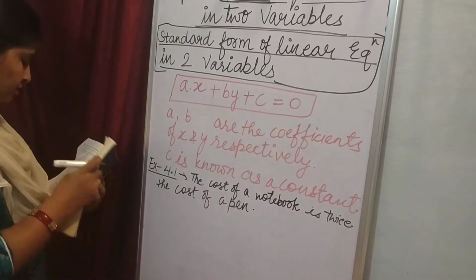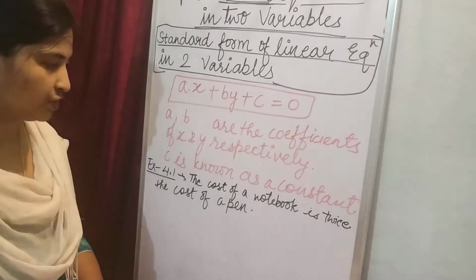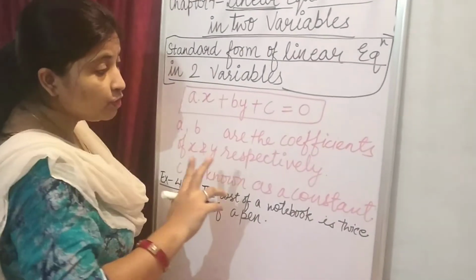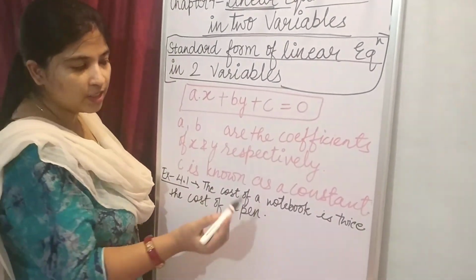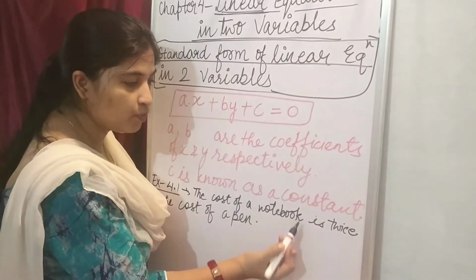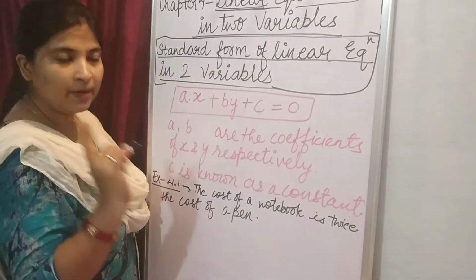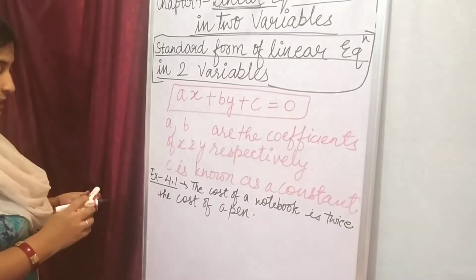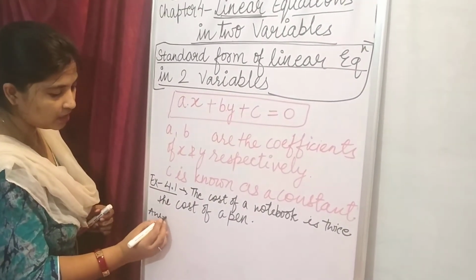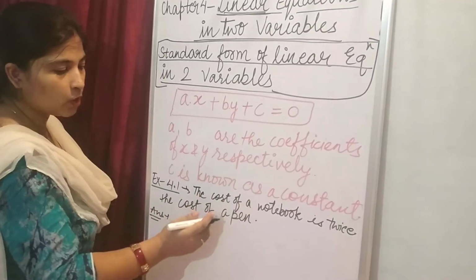We have to convert it in the form of a linear equation in two variables. Now I have to convert it in two variables. So what I will do is, can you see that here we are talking about two things, that is the cost of a notebook and the cost of a pen. So I'll assume something. What is my assumption? My assumption will be the cost of notebook and the cost of pen.